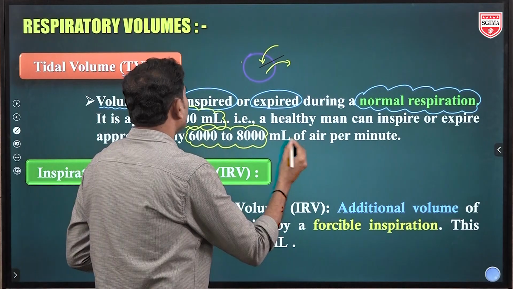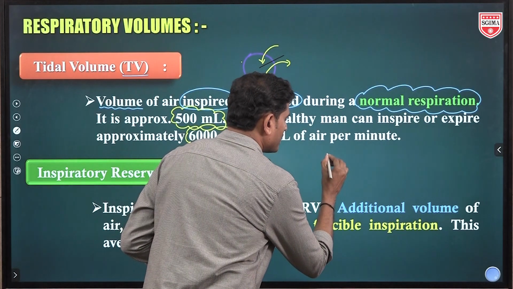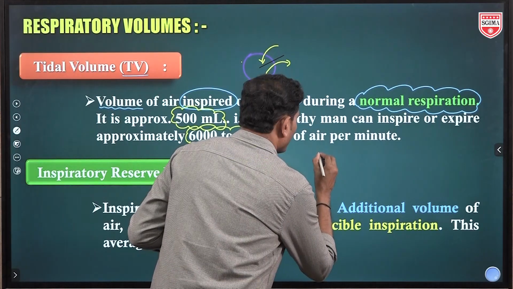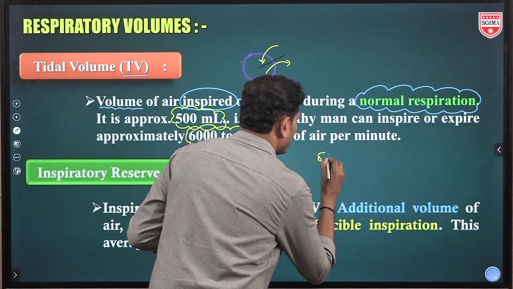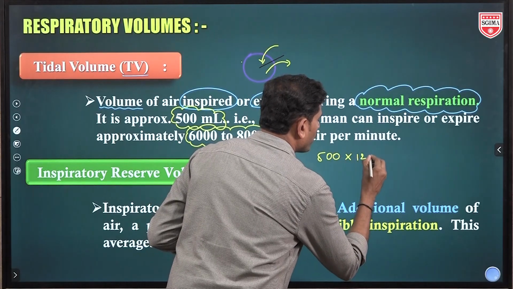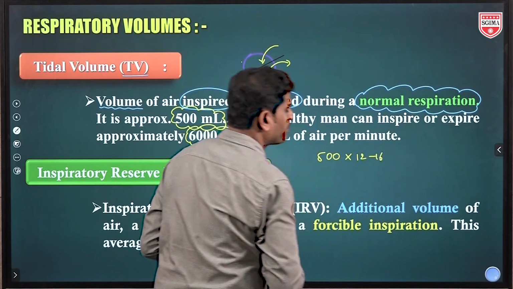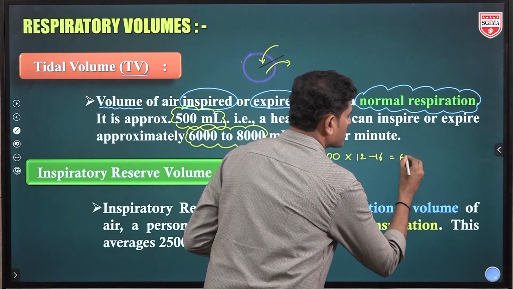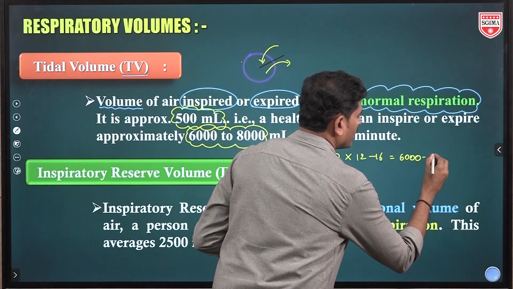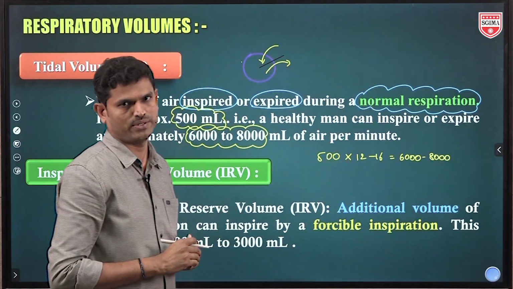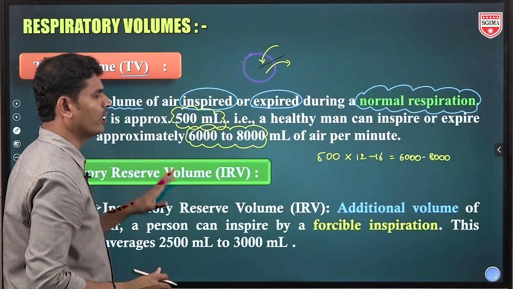We know, as previously discussed, that it is a normal value: 500 ml into 12 to 16 times a person can breathe in 1 minute. This is equal to 6,000 to 8,000 ml per minute. So this is the tidal volume.